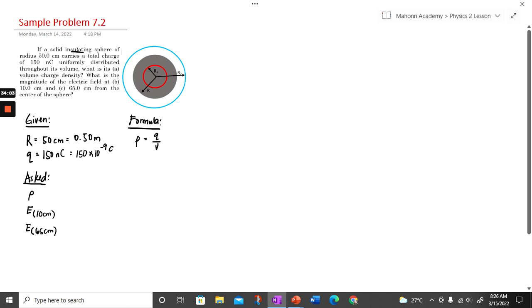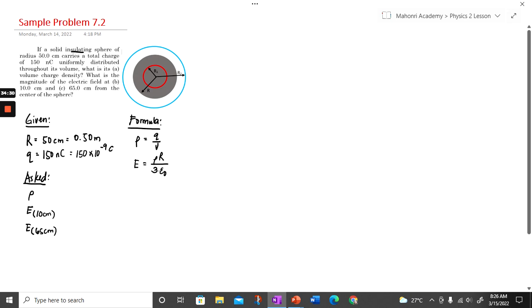Then, since we know this is an insulating sphere, we can use the equation E equals rho multiplied by the radius divided by 3 epsilon naught. This is the equation that we derived just earlier.